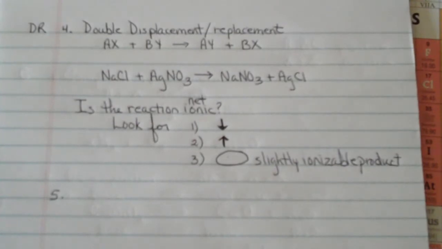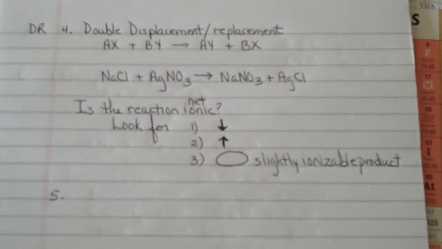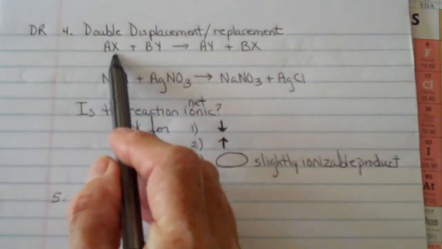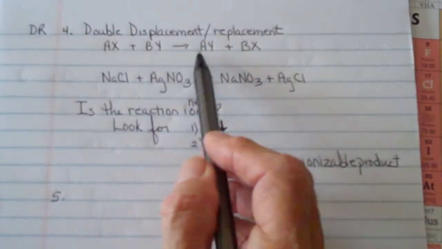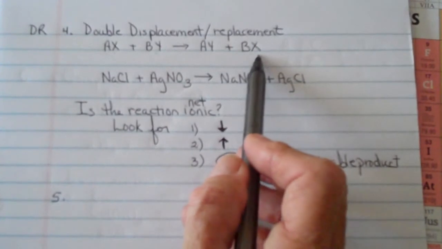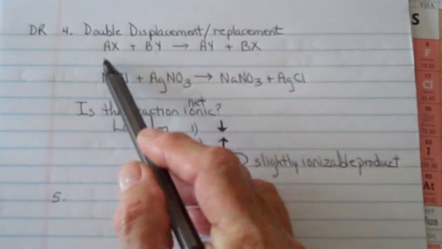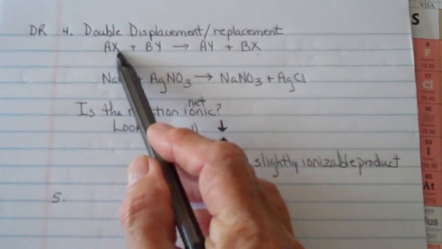reaction. We've looked at some of these in class, hopefully, and they're in the format of what I'm going to call a twosie plus a twosie reacts to form two different twosies. And by twosie I mean, hey, it's made up of a positive and a negative component.